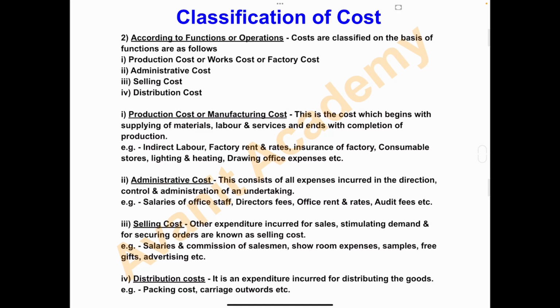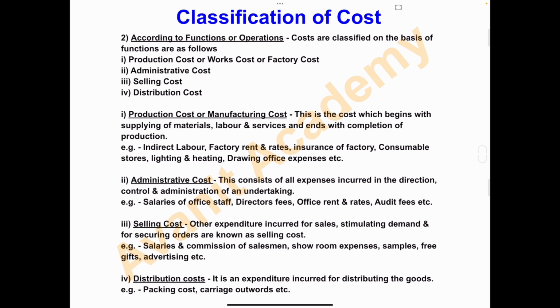In today's video, we'll cover the topic classification of cost. In the previous video, we have already studied the cost classification element wise. According to elements, the costs are classified into three parts: material cost, labor cost and expenses.